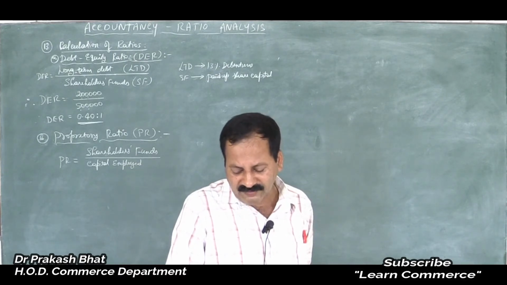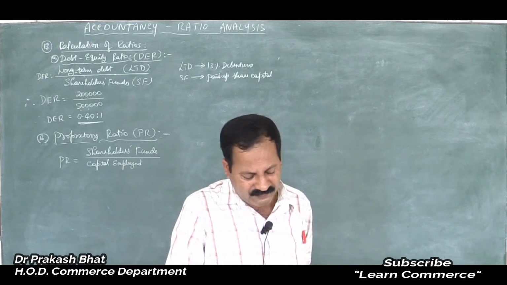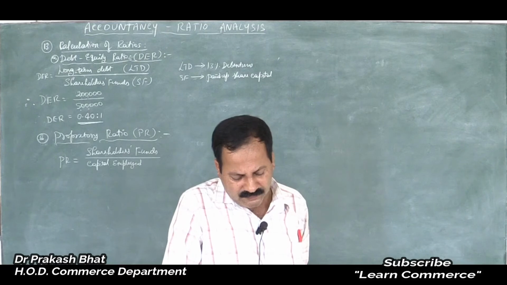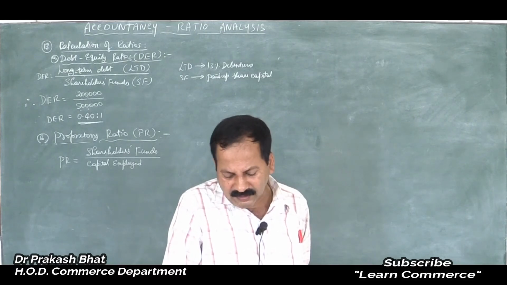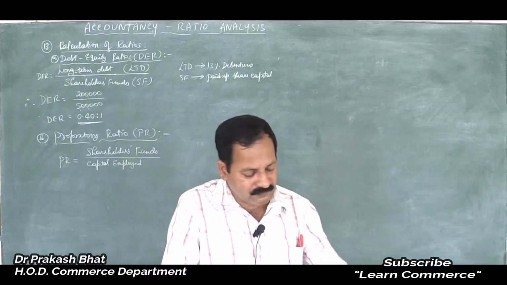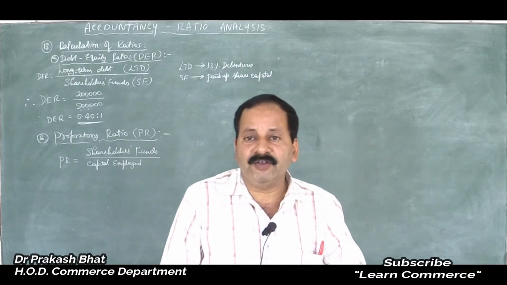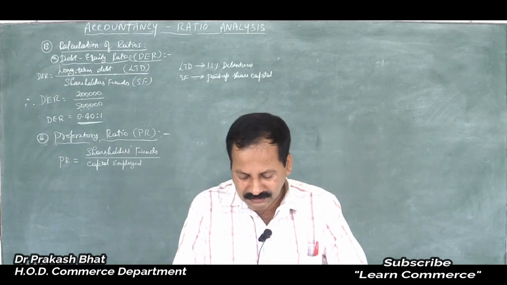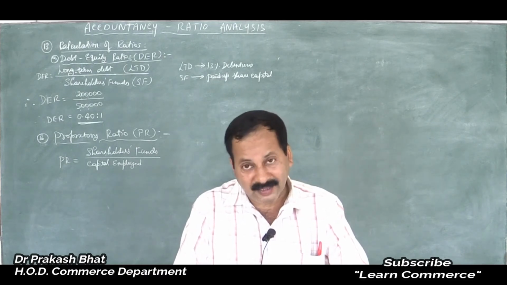Here, average inventory is given 1,50,000. Then 13% debentures are a liability. Cost of goods sold is in the statement of profit and loss, not in the balance sheet. So, how will you calculate this? Total assets or total liabilities.